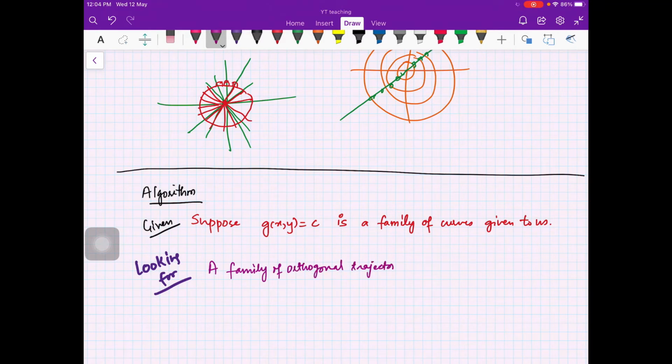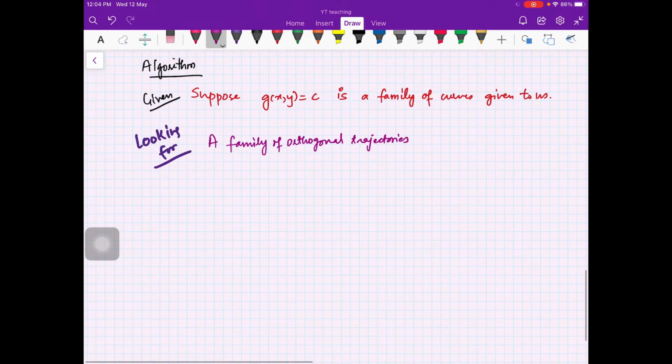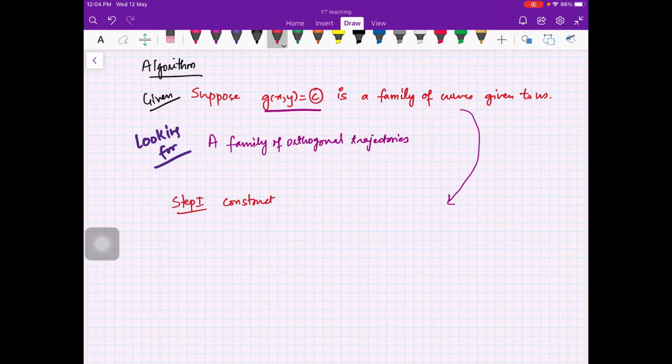So what you will do, instead of this family of curves, you construct a differential equation, because this is a one parameter family. So you will have a first order ordinary differential equation. Construct a first order ordinary differential equation for the given family of curves.